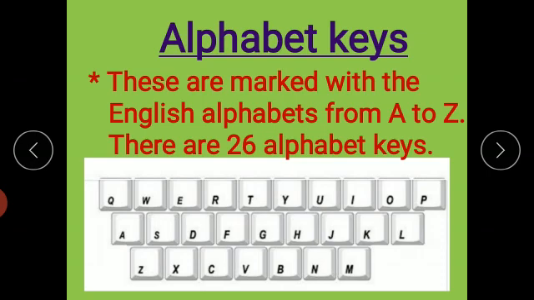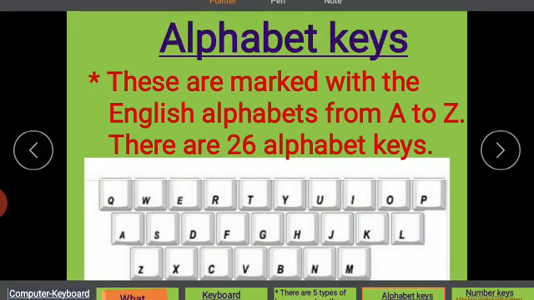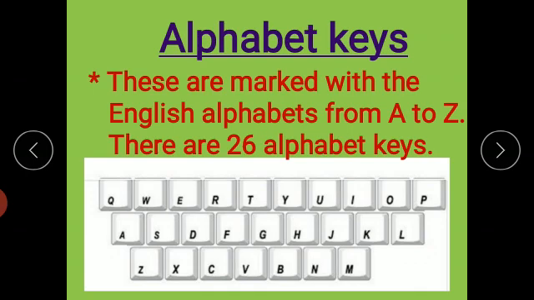R-O-H-A-N. So you have to press first letter R, then O, then H, then A, then N. In this way, you get your name Rohan. So children, in this way you can write your name on the computer with the help of alphabet keys.